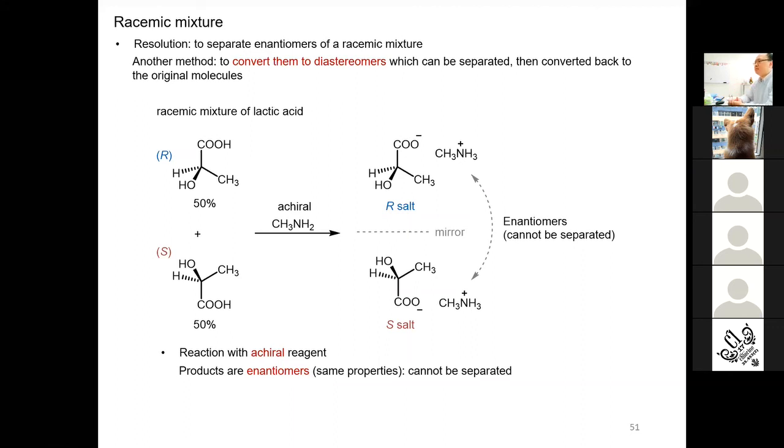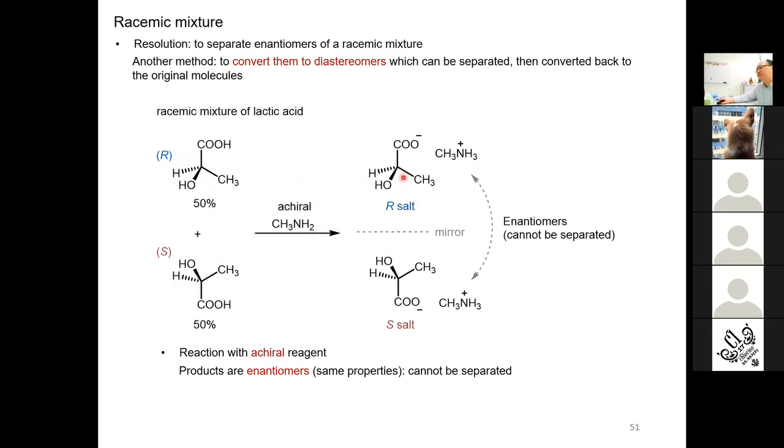But diastereomers, as we just learned minutes ago, are different in many properties, so they can be separated. But if we have a chiral-achiral interaction, like the hotel slippers, you have your chiral right foot, you have a chiral left foot, you wear them into a slipper that is achiral.